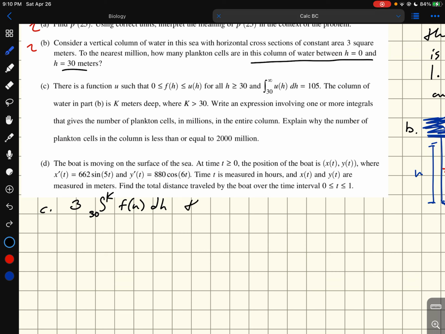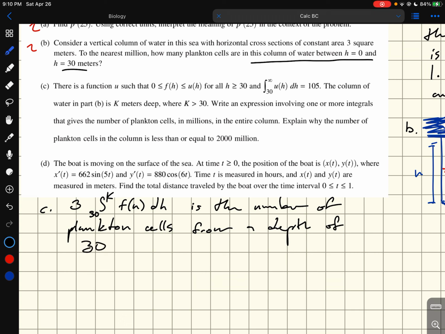This represents the number of plankton cells from a depth of 30 to k meters. Because k is just some number greater than 30. We don't know what it is.